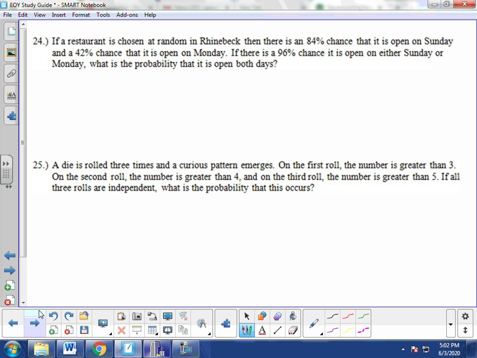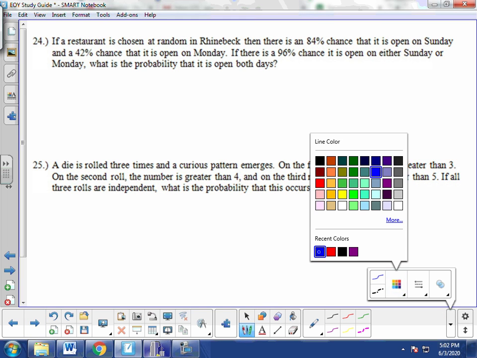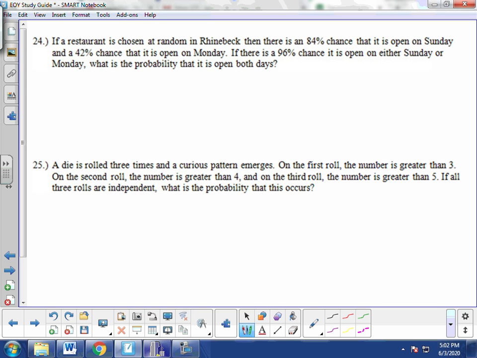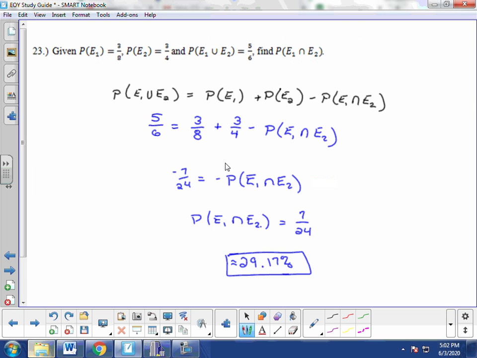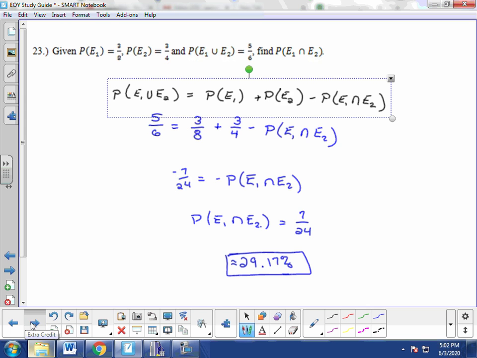So this is kind of like the last problem. Let's label event 1 as open on Sunday, and event 2 as open on Monday. Going back to this expression, we can use the same formula here.